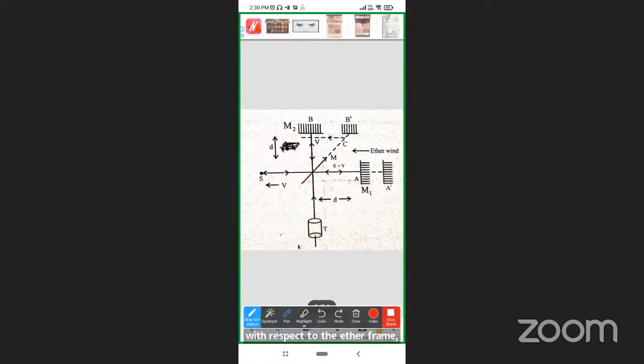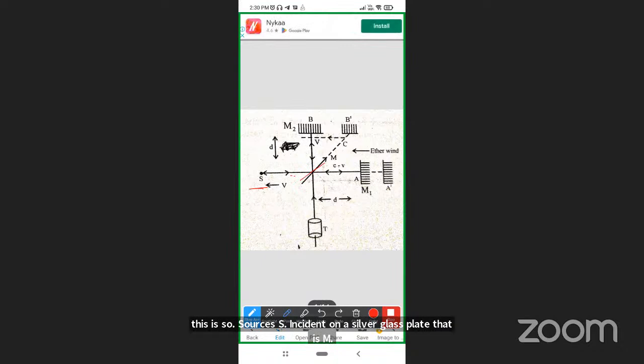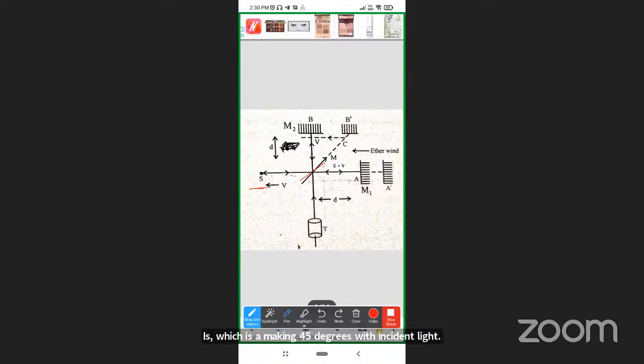S is the monochromatic light source. The light is incident on the silvered glass plate M, which makes 45 degrees with the incident light. This light is divided into two lights: one transmitted and another reflected.